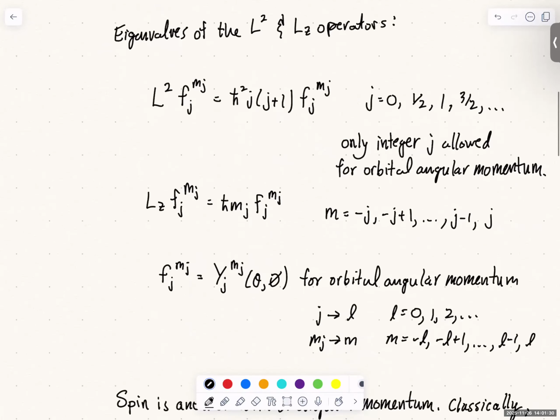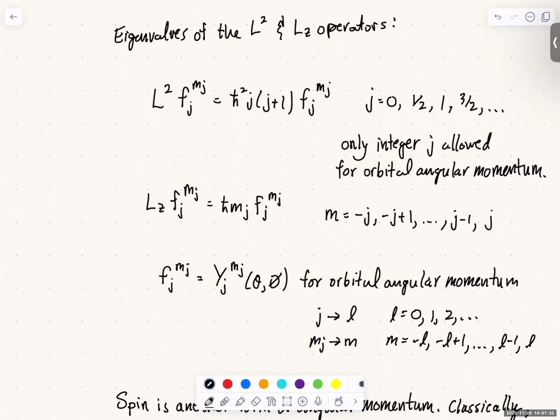Some of the technical details we worked through for the hydrogen atom were calculating the eigenvalues of the square of the total angular momentum and also of the z component.